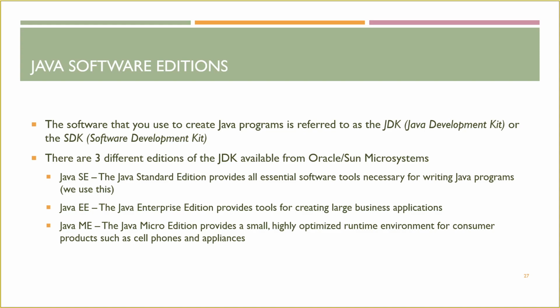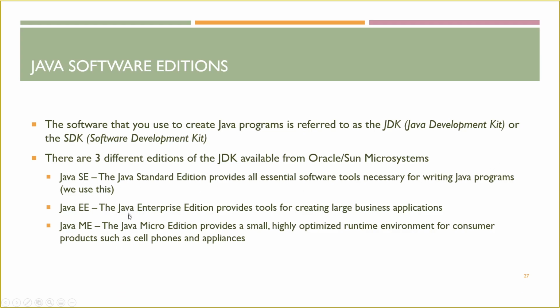I'm not going to spend too much time on this, but the JDK, or that thing we downloaded in Lab 3, right, just stands for the Java Development Kit. It used to be called the SDK, the Software Development Kit. There's 3 editions of the JDK that you can download. We're using Java SE. This lets us write Java programs.